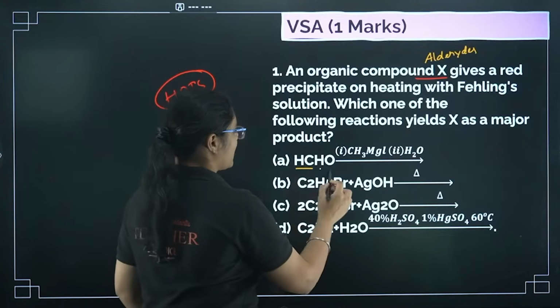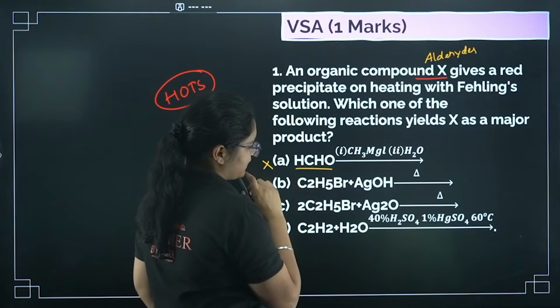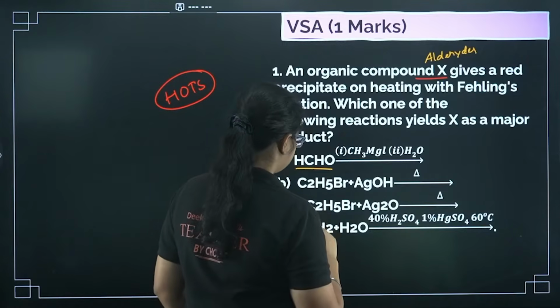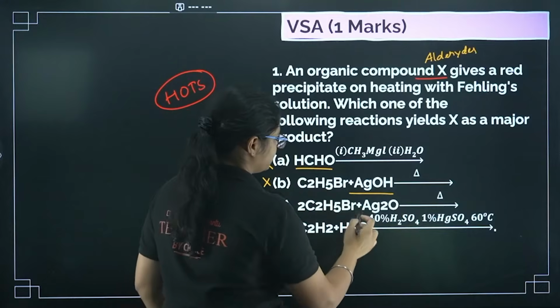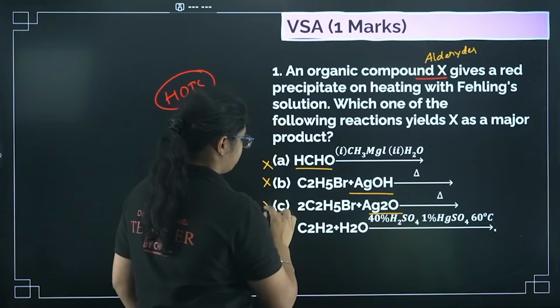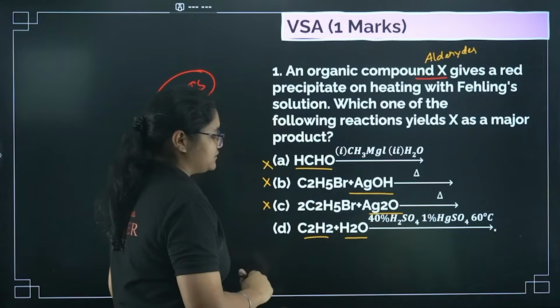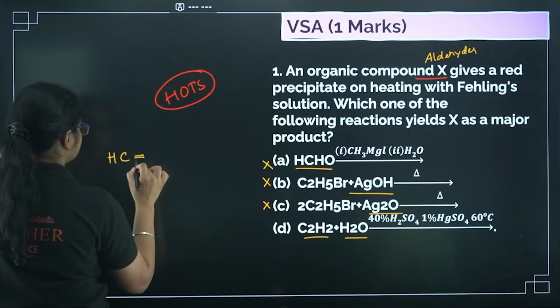Now in this one the aldehyde is already there, so that one will not give me a reaction. Next, AgOH is also not giving me aldehydes. Ag2O will also not give me aldehydes. Now C2H2 with H2O, H2SO4 and HgSO4, if you have this combination, C2H2 is this one.